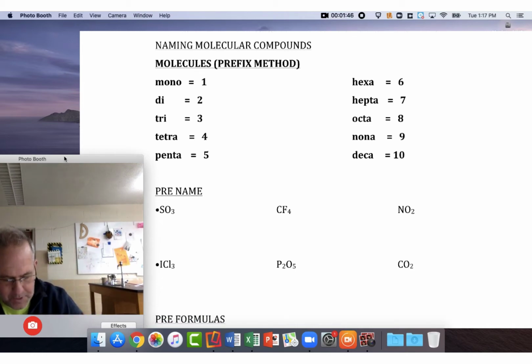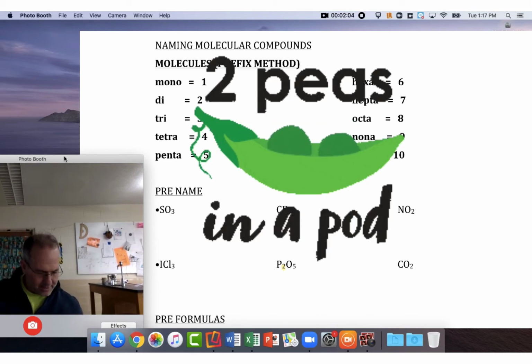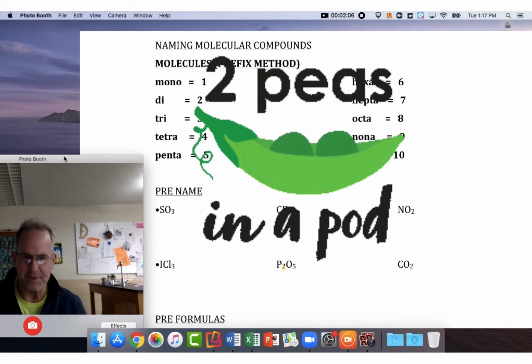I am going to start down here with this P2O5. P2, we know that means there's 2 P's, right? And we also can use our chart and find out that P is phosphorus, right?